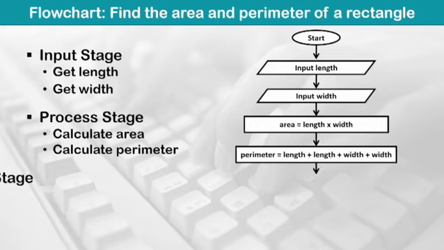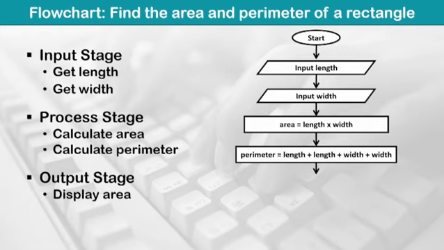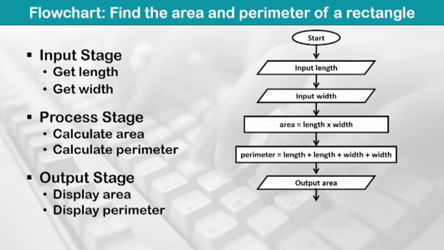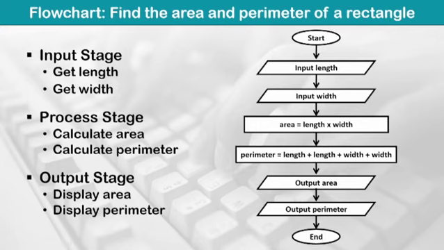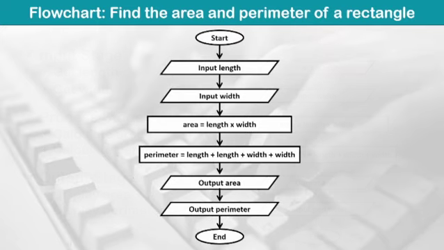Finally, during the output stage, we will display area by writing output area in an output box and display perimeter by writing output perimeter in another output box. Our problem is solved, so we can end the flowchart. Our final flowchart will look like this.